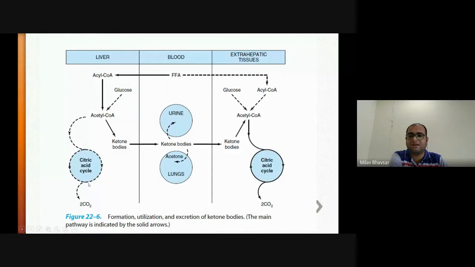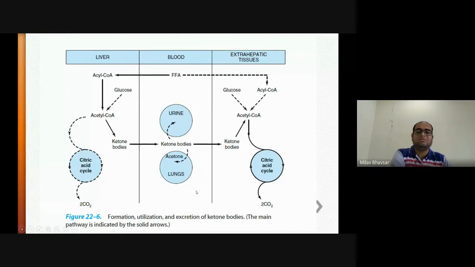Inside the liver, what we have is the acetyl coenzyme A, which goes into the generation of ketone bodies. Now, in blood, they can pass on either in urine or lung. But in extrahepatic tissues, these ketone bodies can convert into acetyl coenzyme A and go into the citric acid cycle.